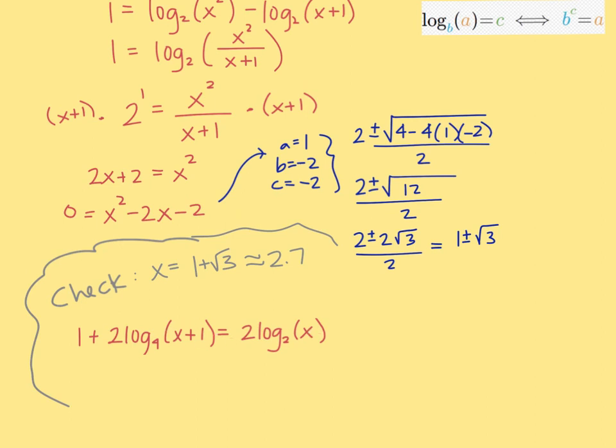So that one works. So 1 plus root 3 is a viable solution. How about 1 minus root 3? So let's test that one. If we test 1 minus root 3, that's 1 minus approximately 1.7, so it's approximately negative 0.7. If we plug in negative 0.7, that works here, but it doesn't work here because it would be a negative inside. So our only viable solution is 1 plus root 3.